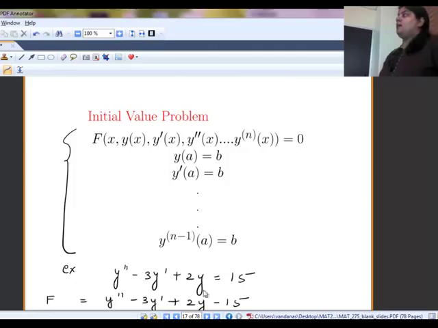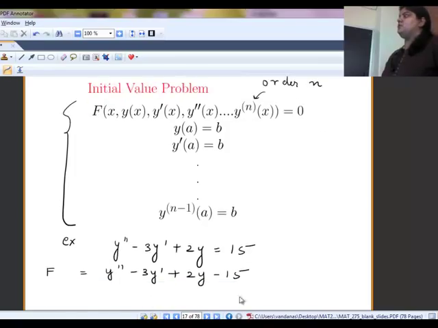And what is the order of this differential equation? The order is 2, and in the general function the order is n, so here n is 2.